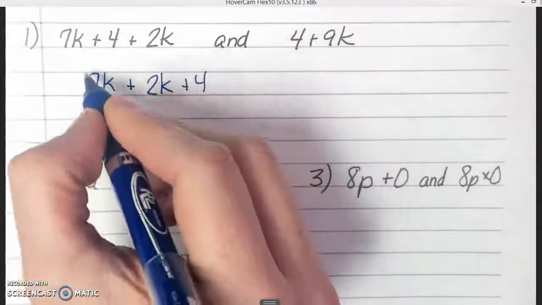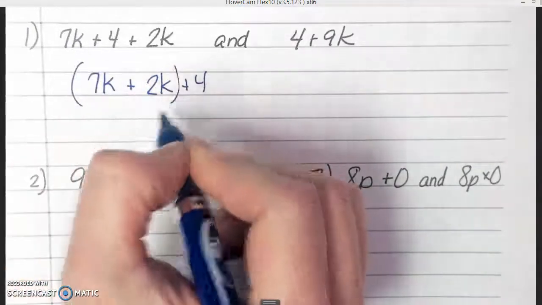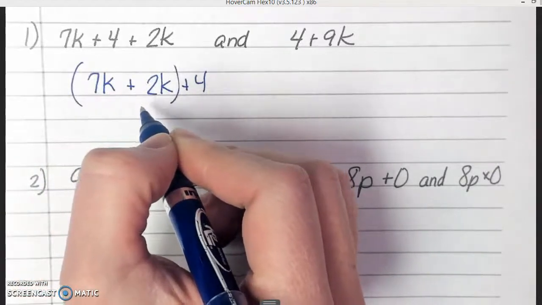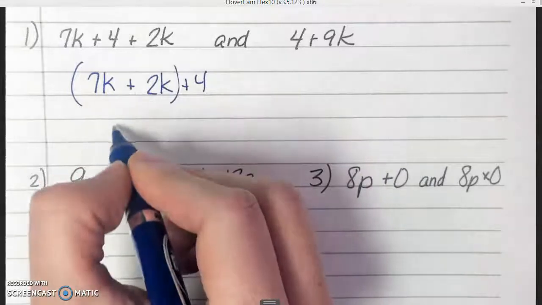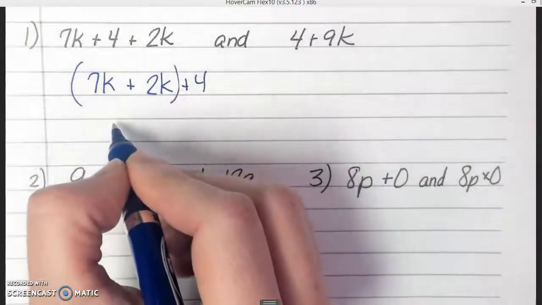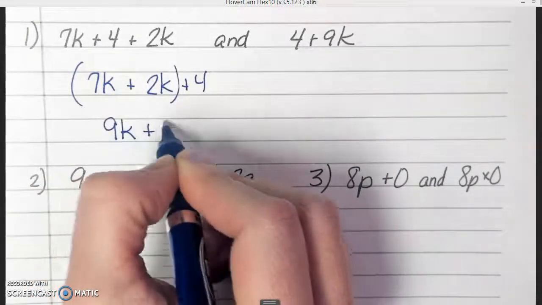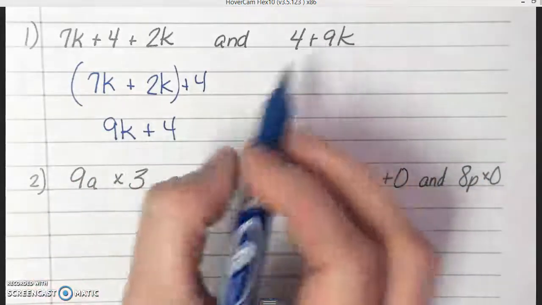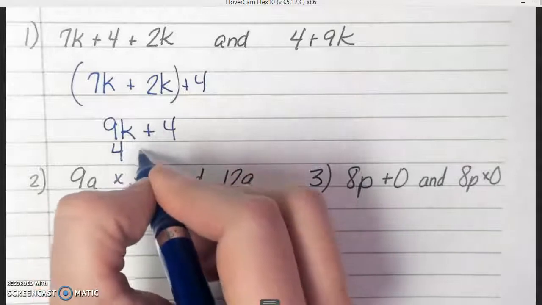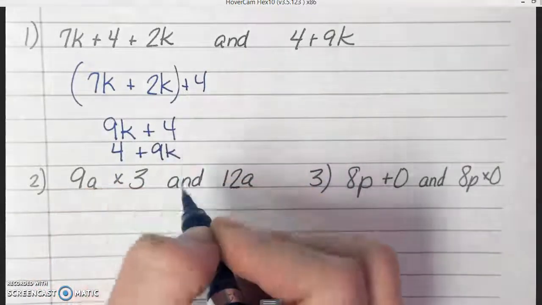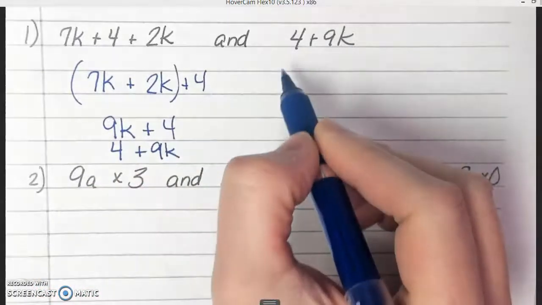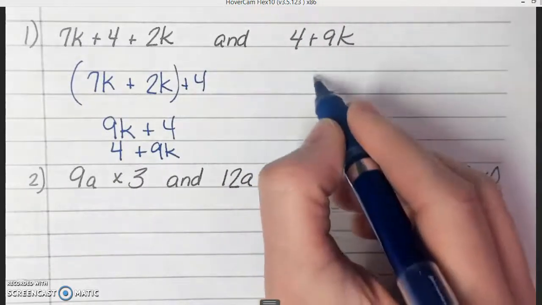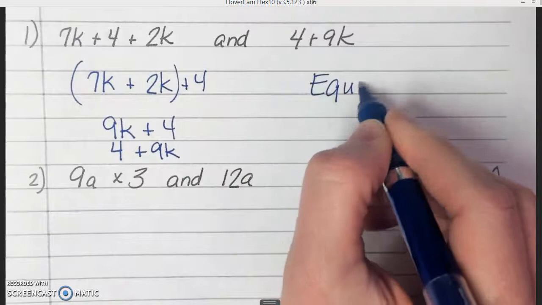Now, grouping them, like if I were to go back and put parentheses around my like terms right there, that would be using the associative property. So then when I put these together, 7k and 2k, I get 9k plus 4. And then if I wanted to turn it around, I could. So are these equivalent or not equivalent? Yes. These are equivalent. So just use the word equivalent.